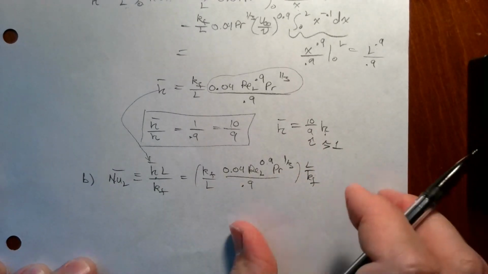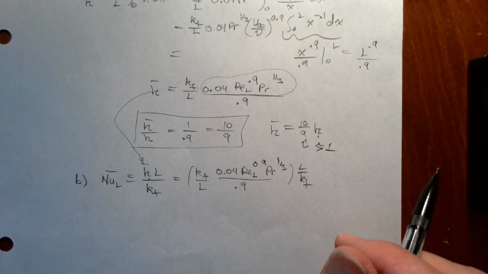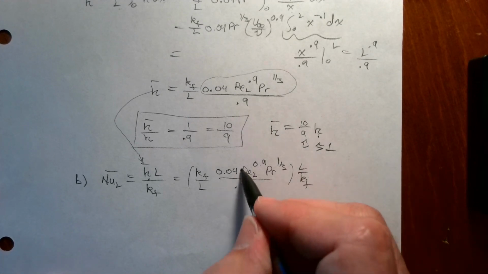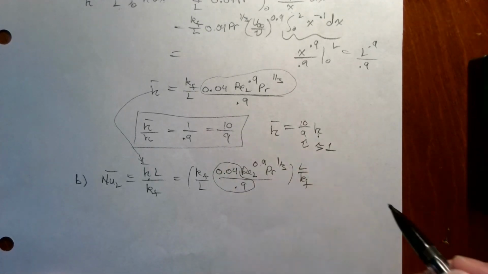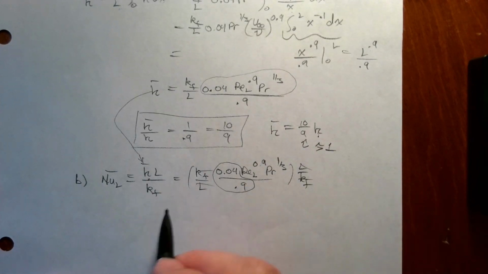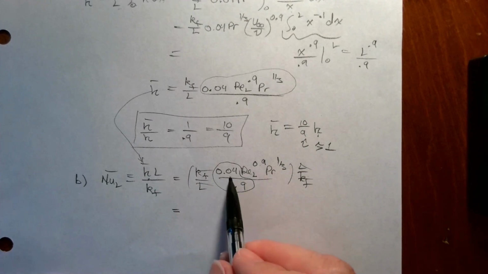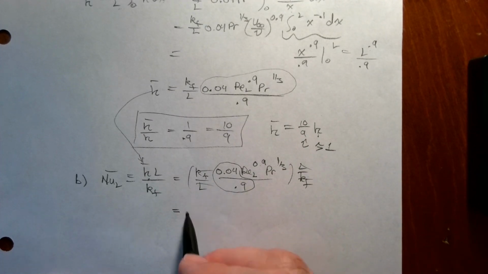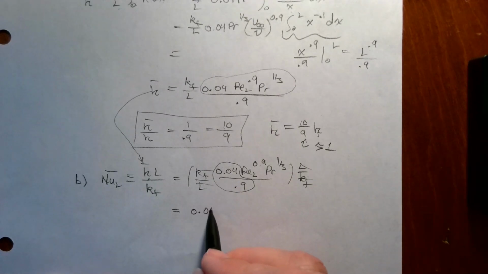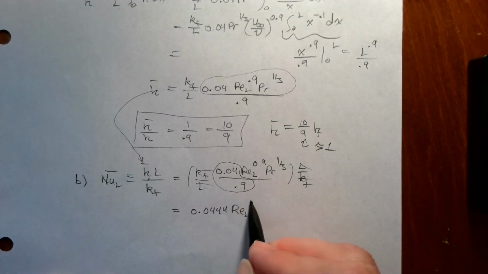So all of that is the H bar. So these two can be combined, and then those are going to cancel, so we'll end up with 0.04 divided by 0.9, which is 0.0444 to eternity.